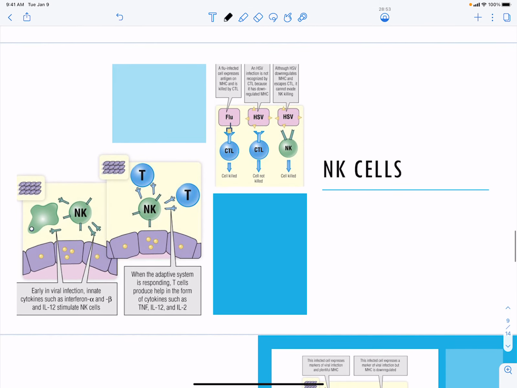Okay, so we're moving away from mast cells and eosinophils and how they kill with their granules, and we're moving more towards cell-mediated killing, and that's the next topic. We're going to talk about natural killer cells.